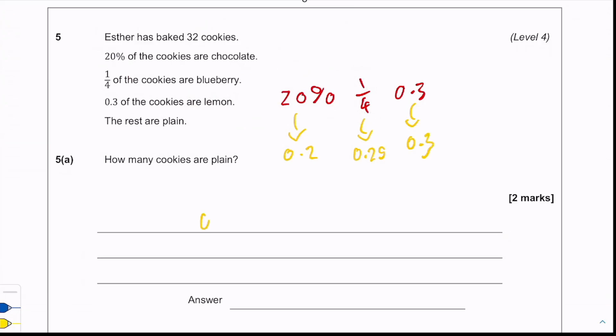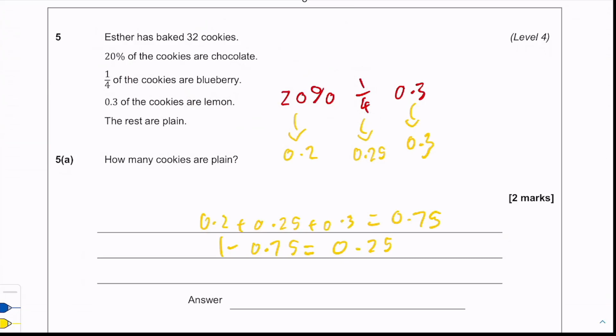We then just need to do 0.2 plus 0.25 and then plus 0.3, and this gets us 0.75. There we go. Okay, so we know that 1 take away 0.75, that's going to give us as a decimal form how many cookies are plain. So 0.25 as a decimal of the cookies are plain.